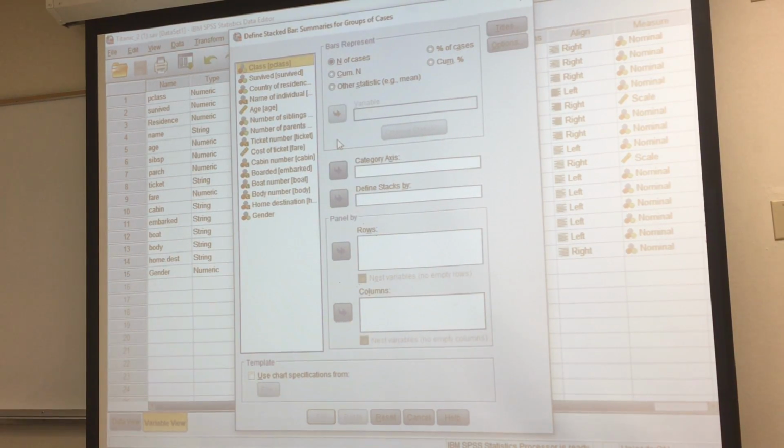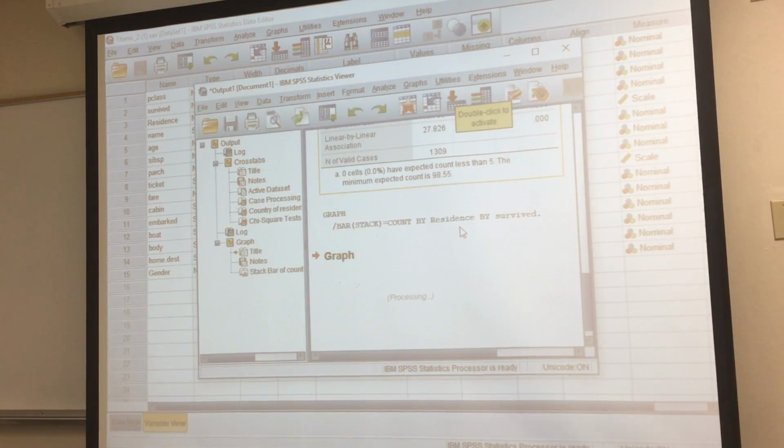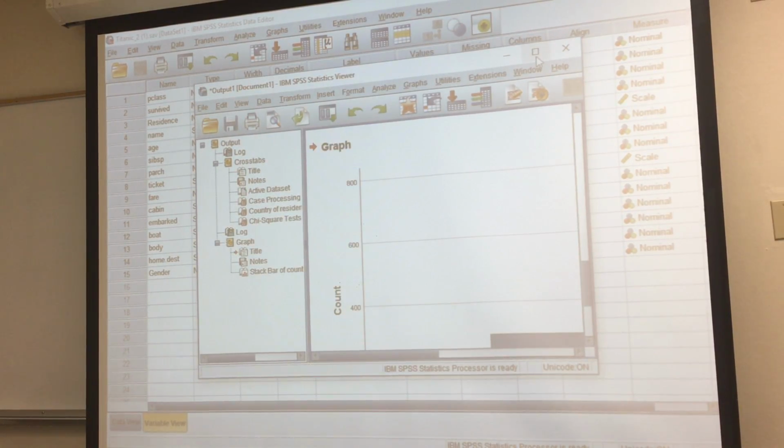You can put the IV into here, category axis. So it tells the machine that on the x-axis, it will list all the categories for the IV. And you put the DV here to define stacks. Click OK, and it will create a graph for you.